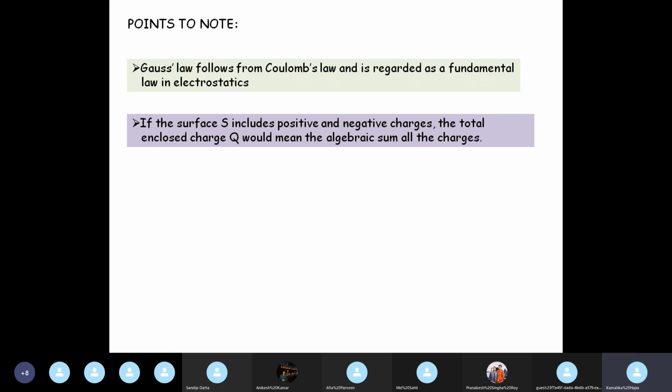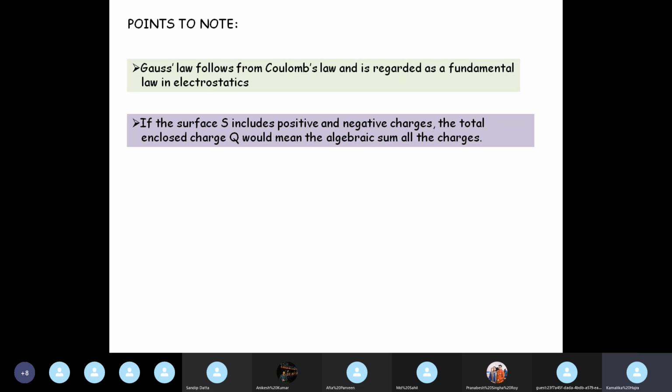For example, suppose in an enclosure we have 5 charges: plus 1, plus 2, minus 1, minus 2, plus 3. Then the total enclosed charge will be plus 3, because plus 1 minus 1 cancels, plus 2 minus 2 cancels, and only plus 3 is left.